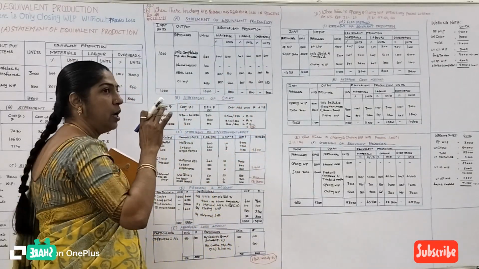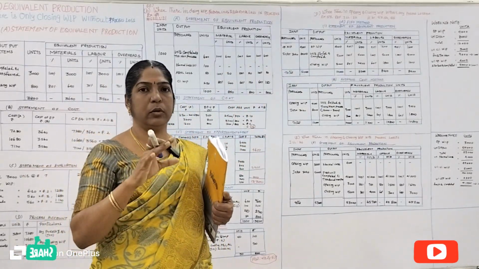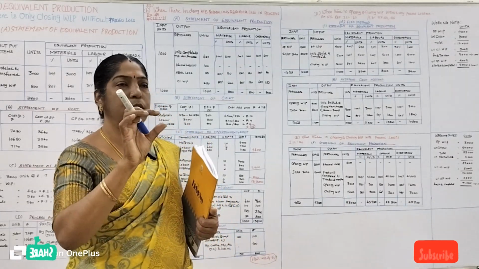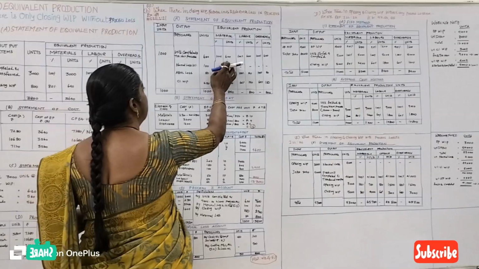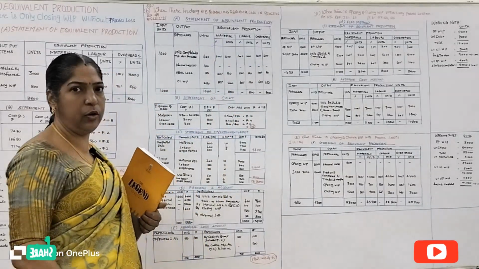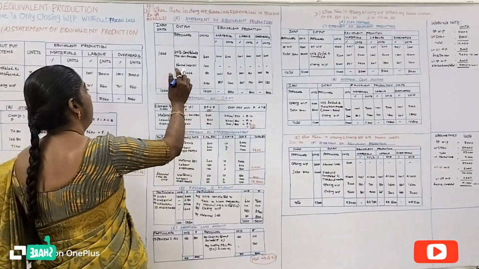Whenever they have given the output units, you are going to enter the same units in each element and 100% in the percentage column. Are you clear?